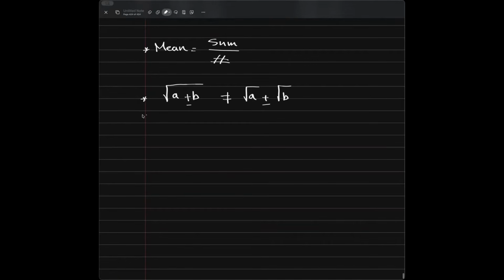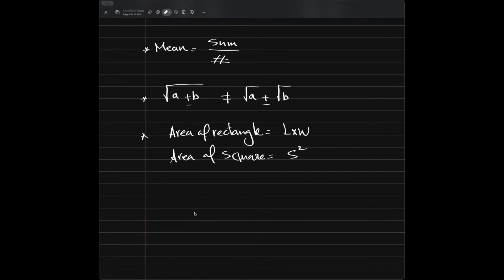Also, you have to know that the area of the rectangle is length times width. And the area of the square is side by side, or side squared. This is the same.